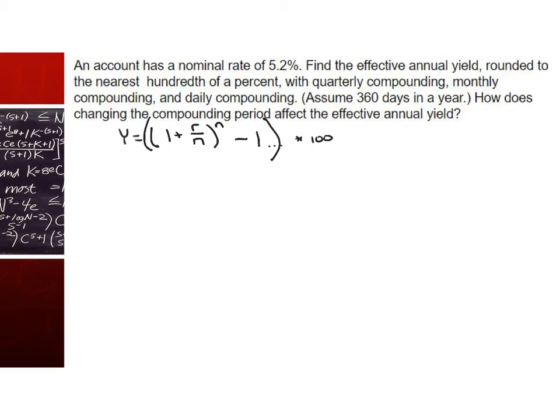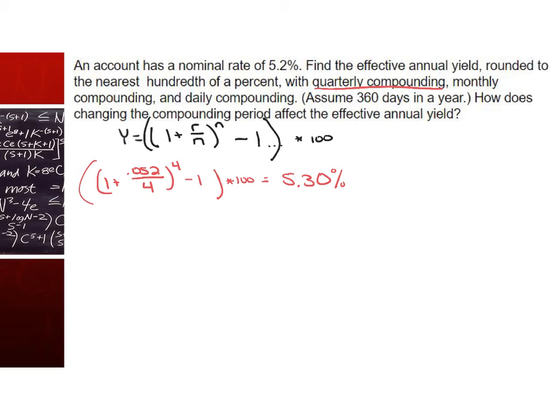Basically we're going to go through and do this problem 3 times. We're going to do it once with quarterly compounding. So with quarterly compounding, we have 1 plus 0.052 over 4 to the 4th power minus 1, and then we take our answer times 100, and we get 5.302, so that just rounds to 5.30%.